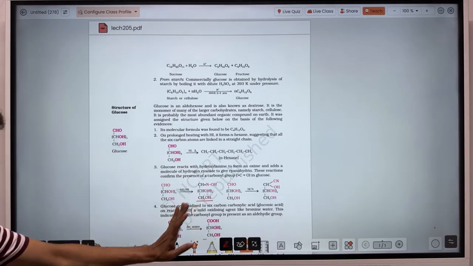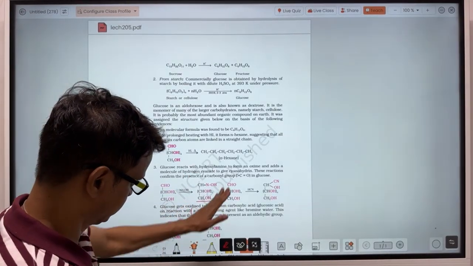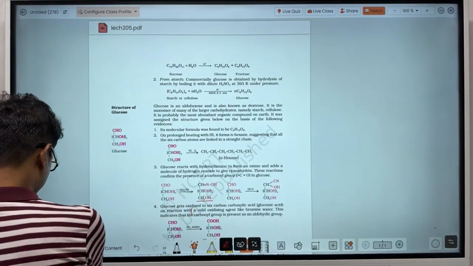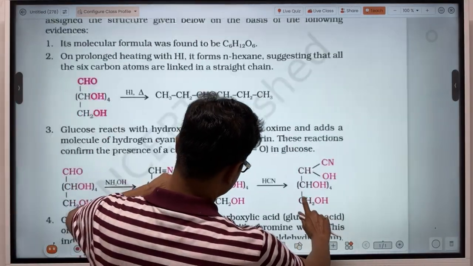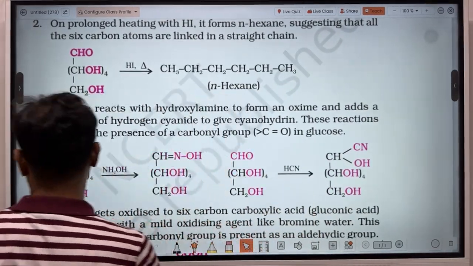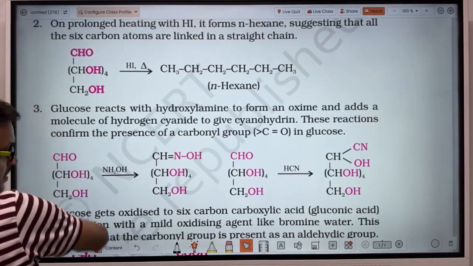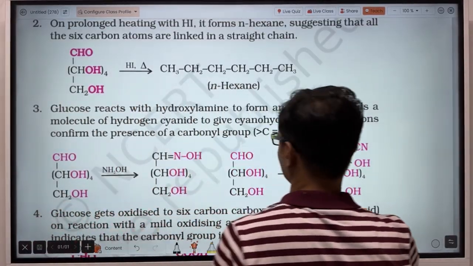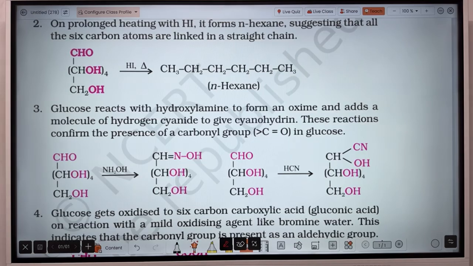Then another reaction is when glucose reacts with HCN, there will be formation of cyanohydrin. How is that?